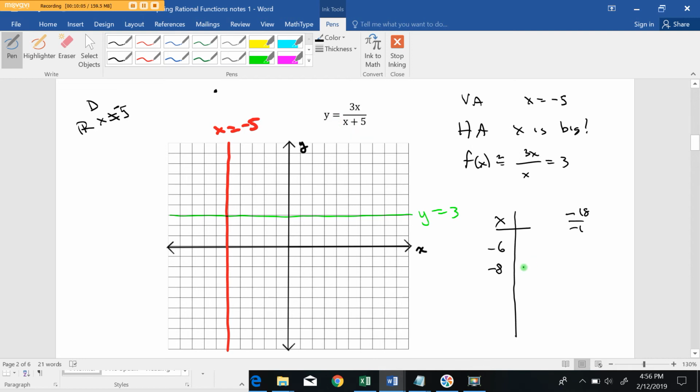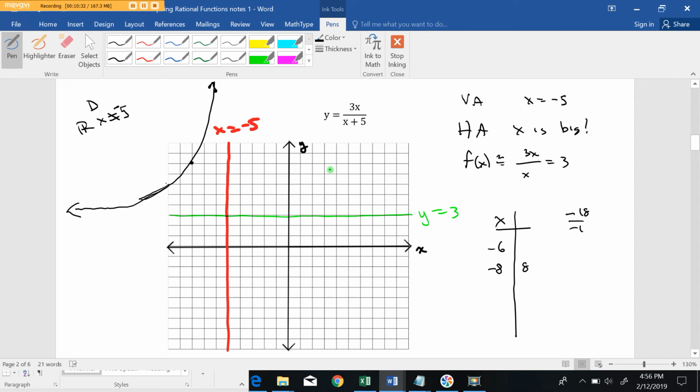Negative 8, 8. A lot of this graph is just going to be out of our region here, but it's got to be doing this, going to plus infinity, and approaching the asymptote over on the left.